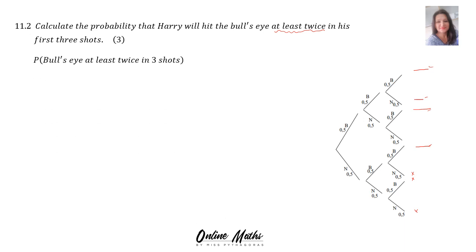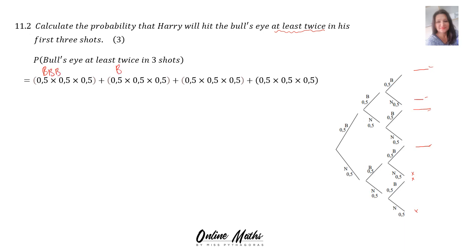So how you write this is the probability bullseye at least twice in 3 shots. This first one represents BBB, this one represents BBN, this one represents BNB, and this one represents NBB. And then when you go across the branches, it's the 0.5 all the time.